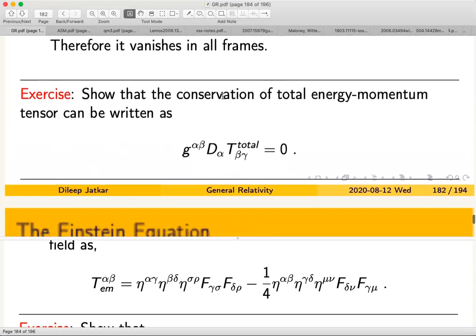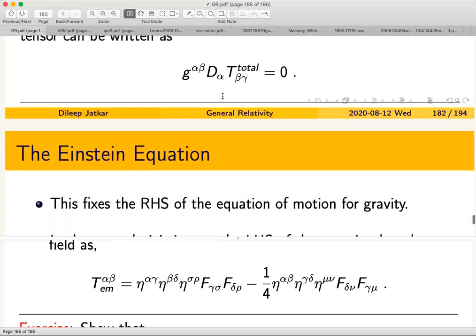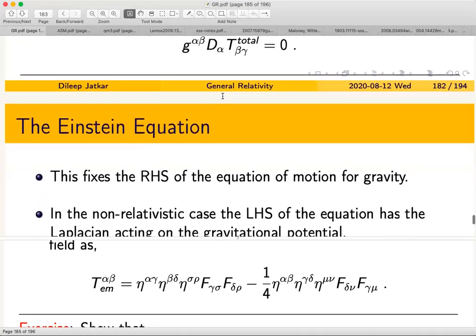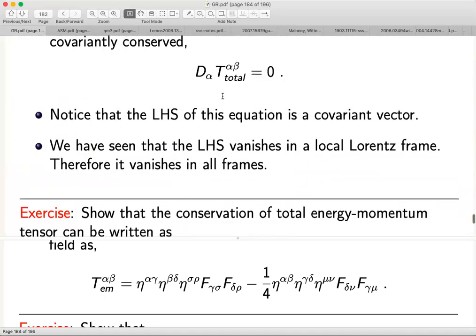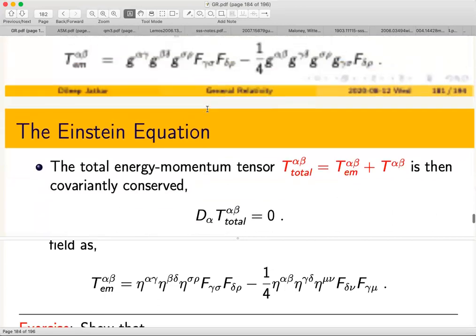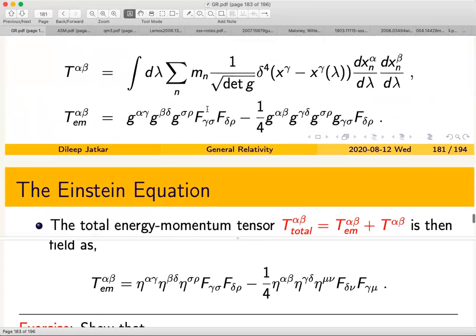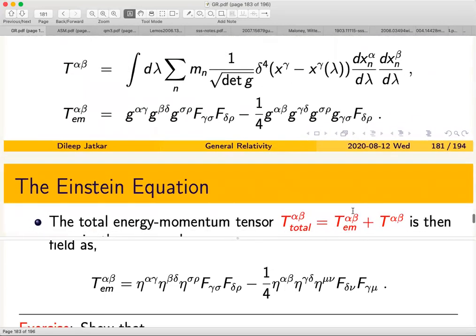So I'll stop at this point. What we have done so far is determine this form of the energy momentum tensor, T total being T electromagnetic plus T particle, with T electromagnetic being this, modulo typos, and T alpha beta being this, again modulo typo. So we have essentially fixed the right hand side of this expression.